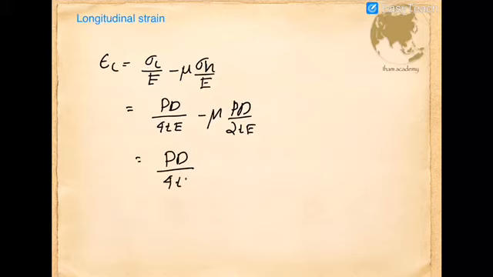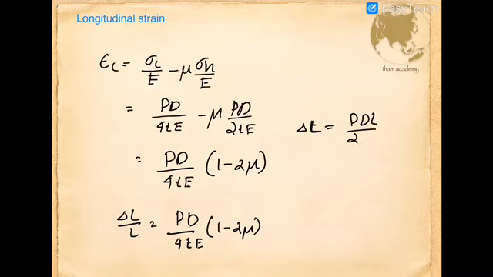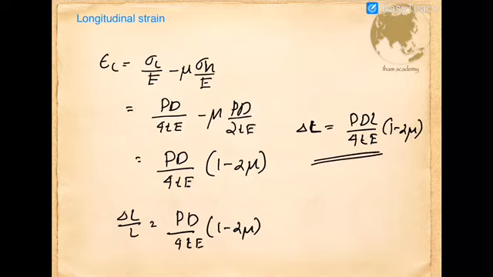If we take common PD divided by 4tE value, we will get 1 minus 2 into mu value. So change in length divided by original length, that is going to be the longitudinal strain. So PD divided by 4tE into 1 minus 2 mu. So delta L is equal to, we can cross multiply that value, PDL divided by 4tE into 1 minus 2 mu value.